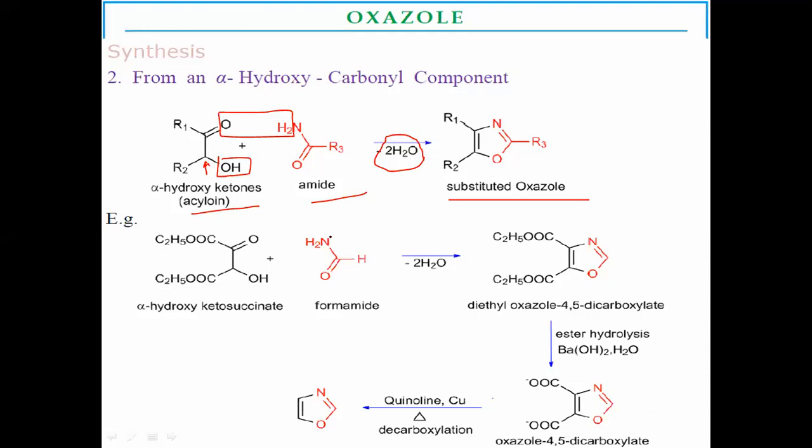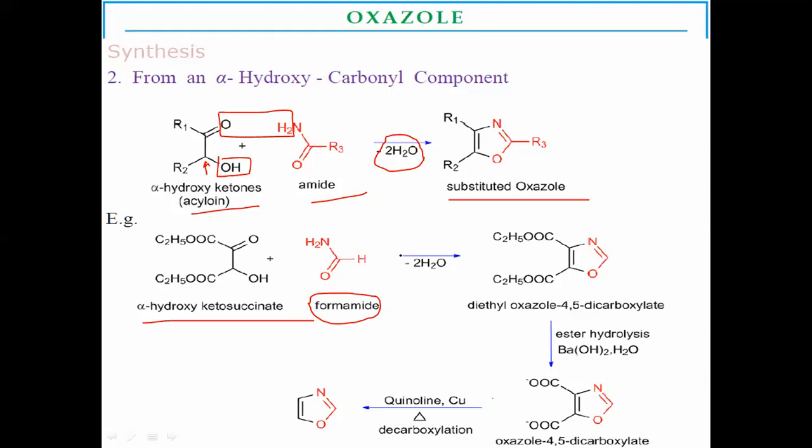If you see the mechanisms and examples, the best example is alpha hydroxy ketosuccinate as the starting material. It reacts with formamide, that is HC(=O)NH2.